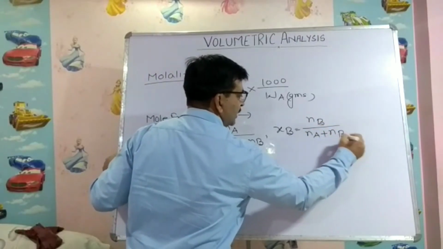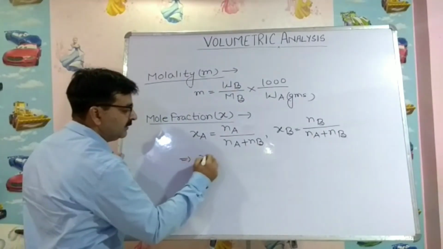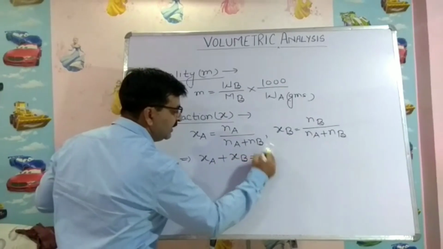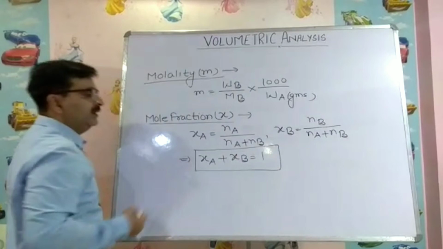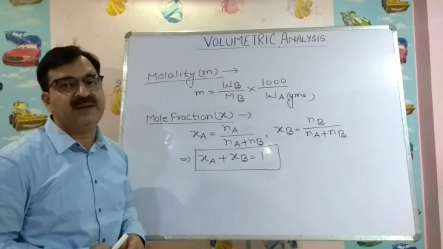Now students, for a binary solution, XA plus XB is equivalent to 1.